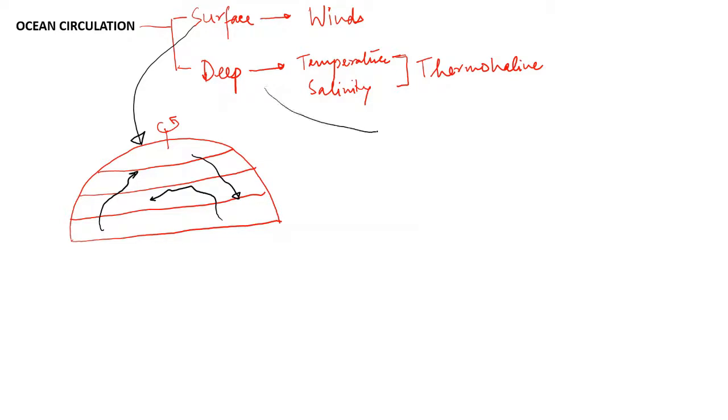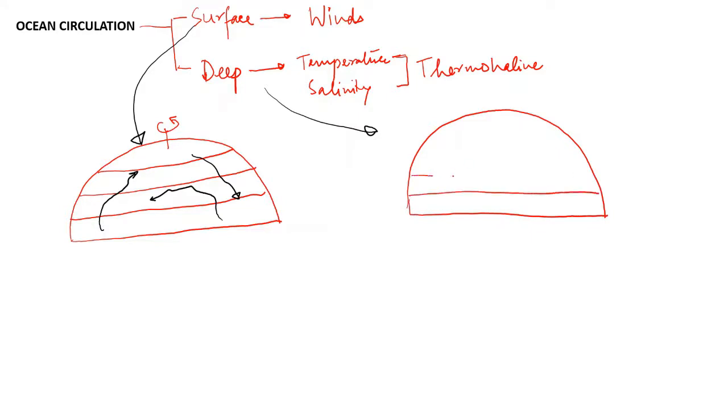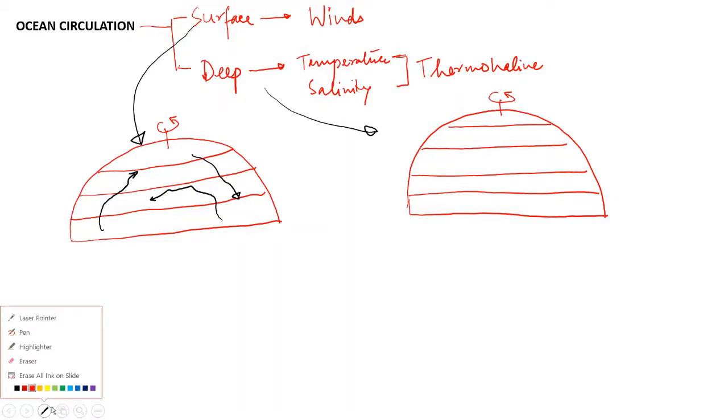While the deep ocean circulation is not the latitudinal type of circulation, rather, it is a meridional circulation. So meridional circulation means that it operates along the longitudes.